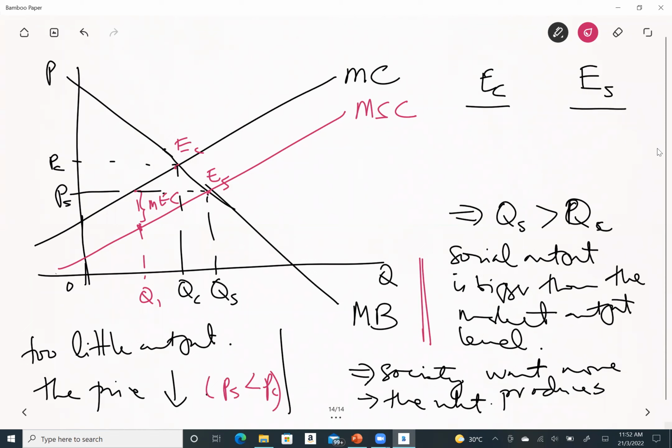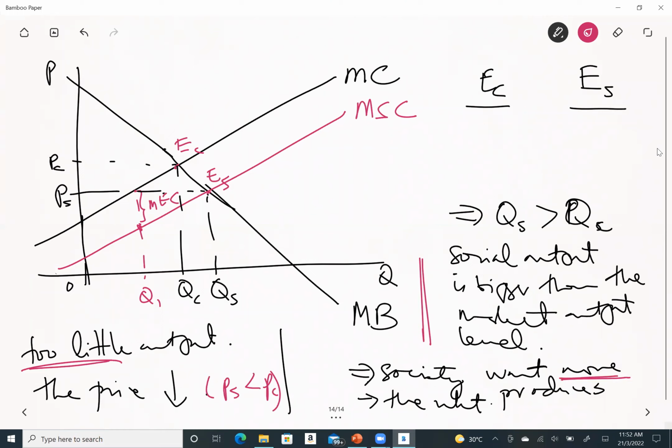So that is positive production externality. The society wants more. So we say that the market produces too little output. If you leave it to the market, it will not produce enough of that good.